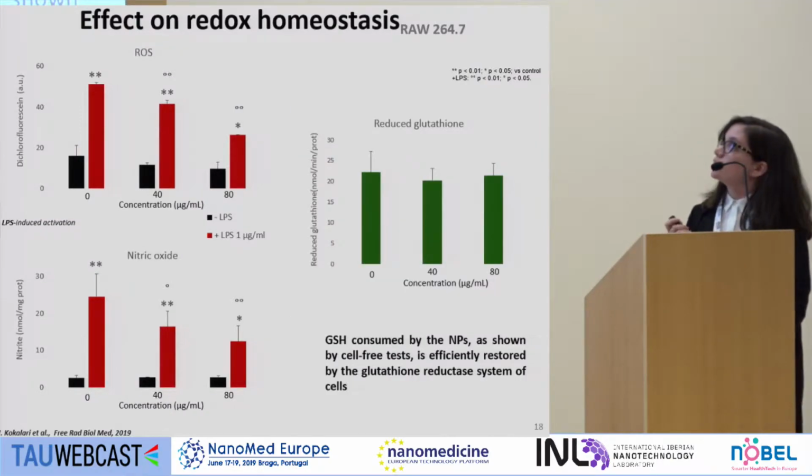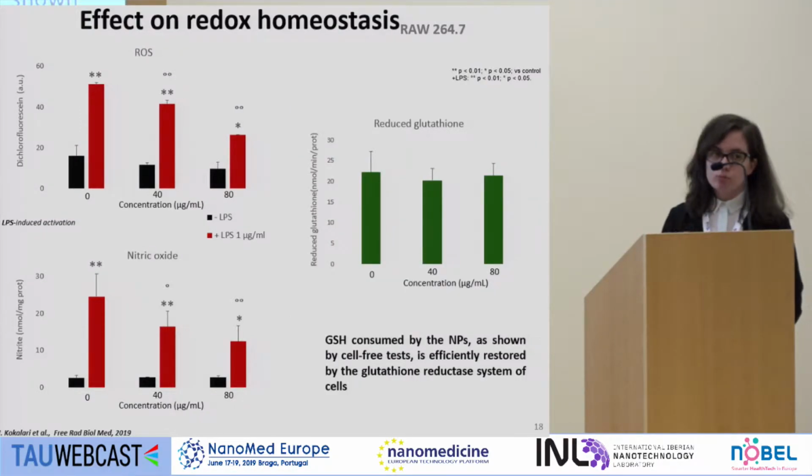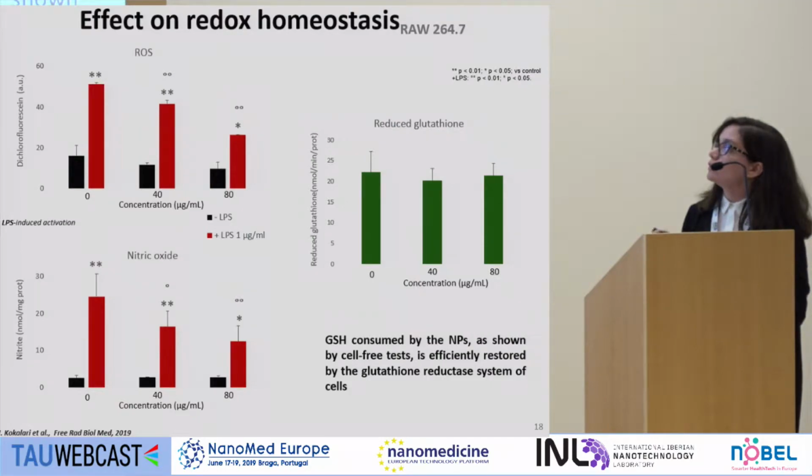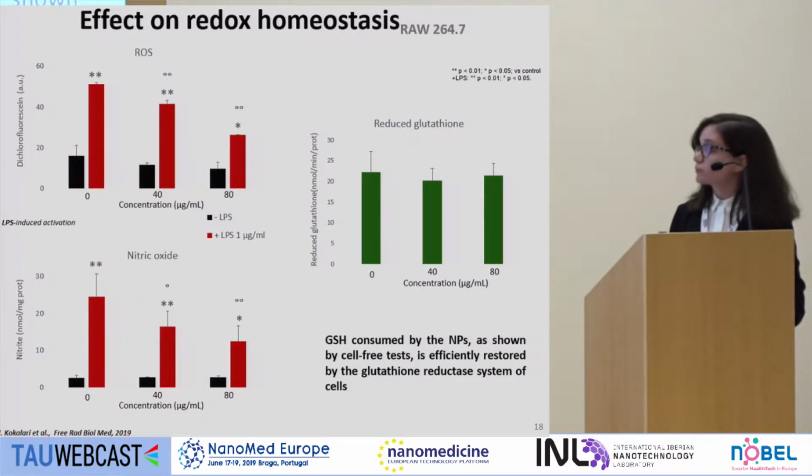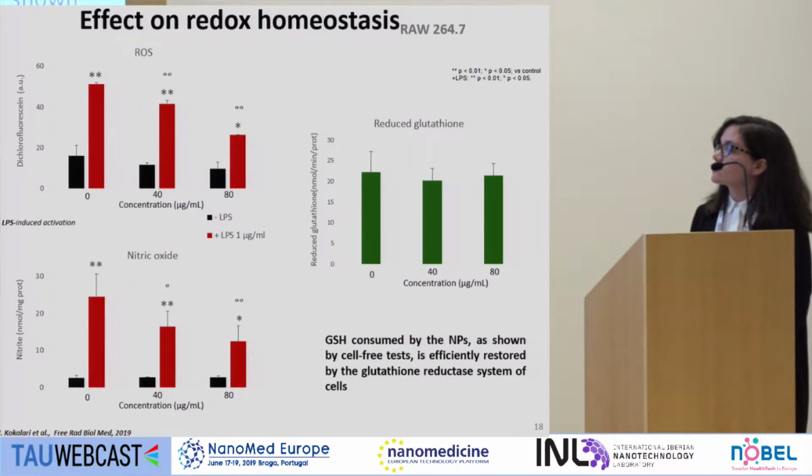We also tested the interaction between the nanoparticles and the glutathione, in this case in cellular tests, and we found that we don't observe a reduction in the amount of reduced glutathione in cells.